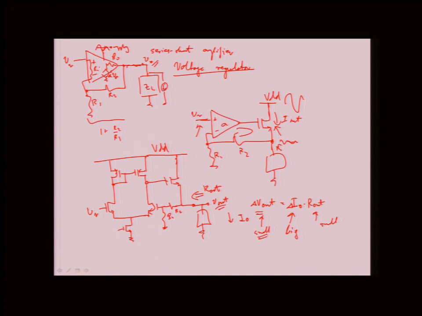So the loop, because it's shunt, we already know it's trying to lower the output impedance, and we can calculate really how much this quantity is going to get affected.